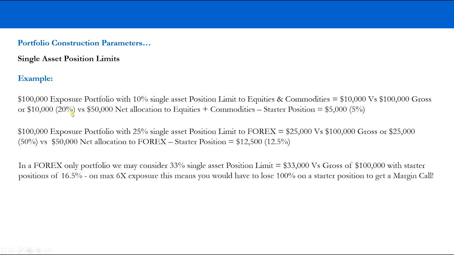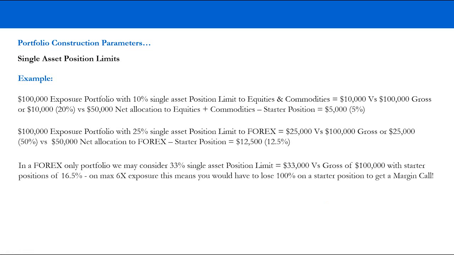That $10,000 is 20% of our $50,000 net allocation to equities and commodities. And we can also apply a starter position limit of $5,000, so a 5% overall portfolio single position limit on a starter position for any one position.